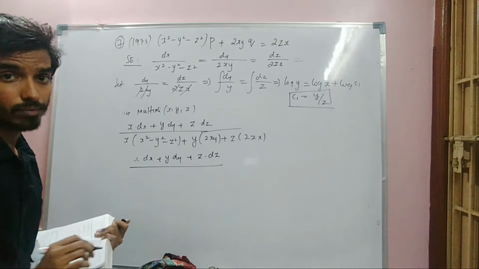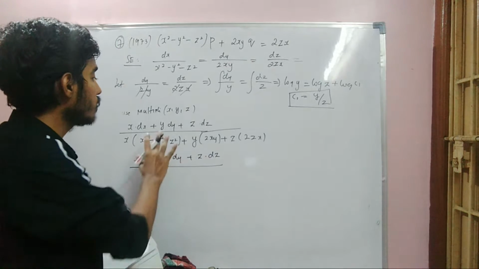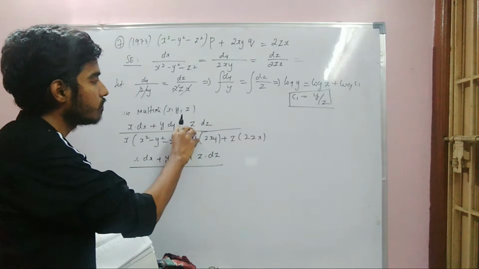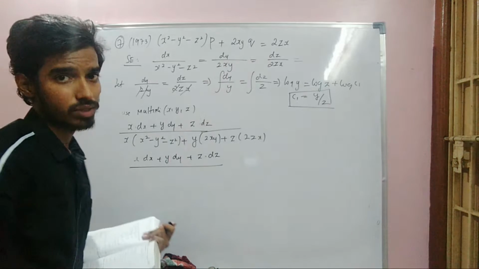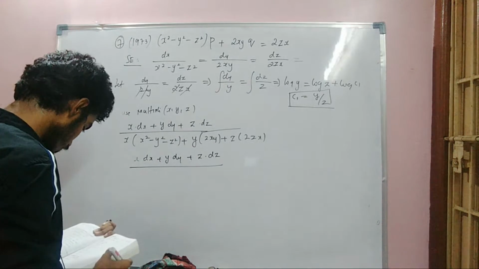There is no standard method to solve here, right? If you can't find any multiplier, you have to use this multiplier and then group it with one of the terms. You can do anything, you have to find a solution, that's it.